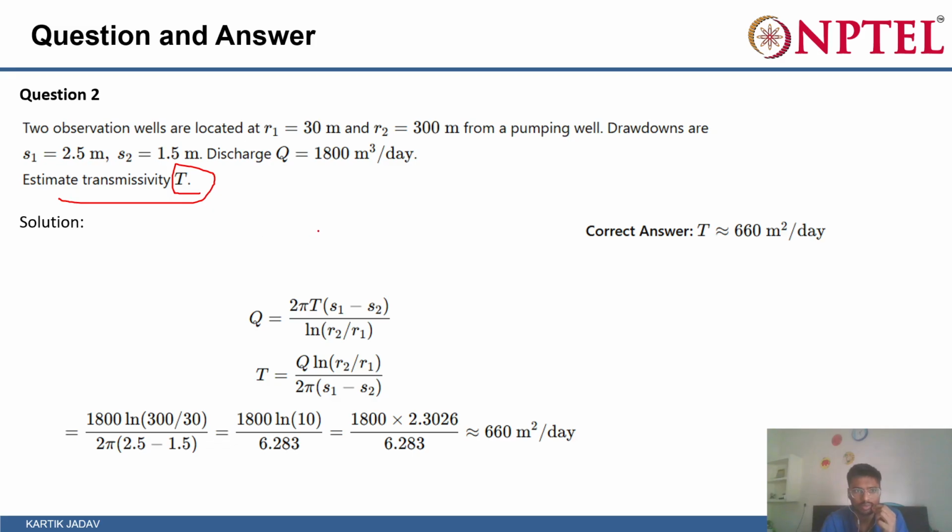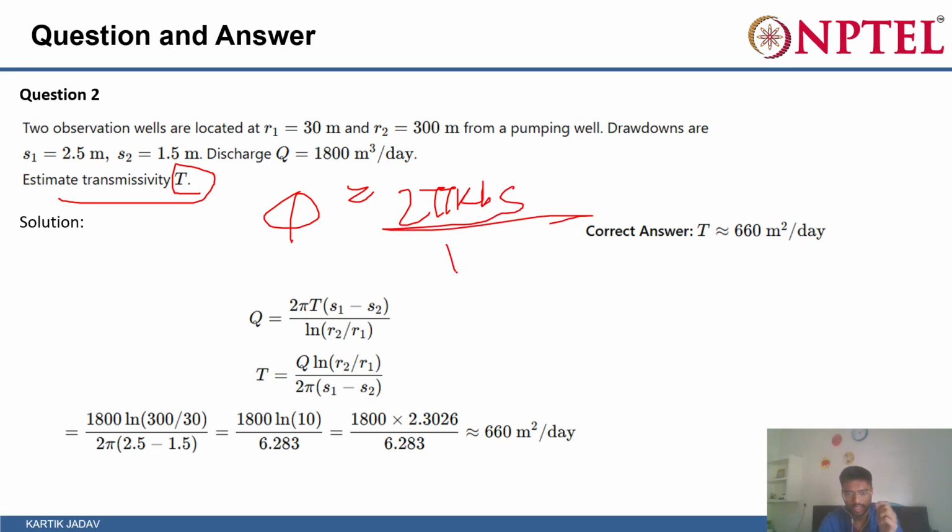Similar to the last equation, it is also for confined: Q equals 2 pi K B times (s2 minus s1) divided by ln r2 by r1. So KB is equal to T, and s is written as s2 minus s1.